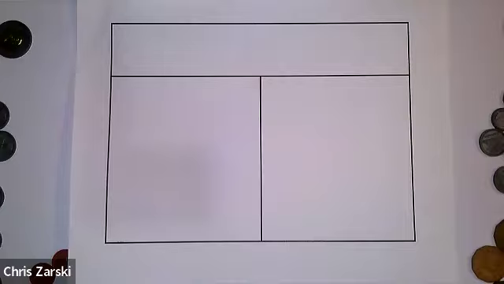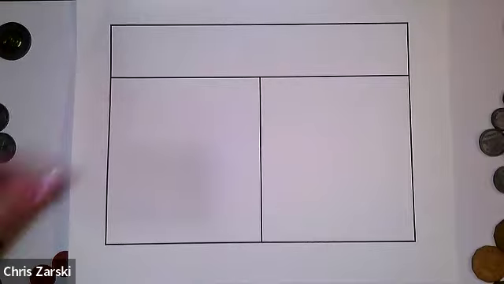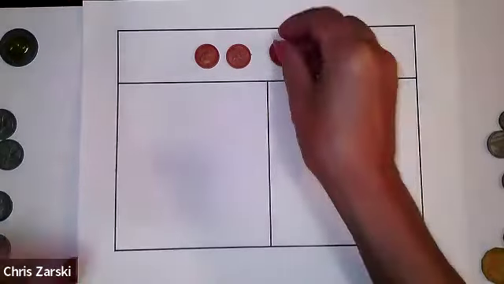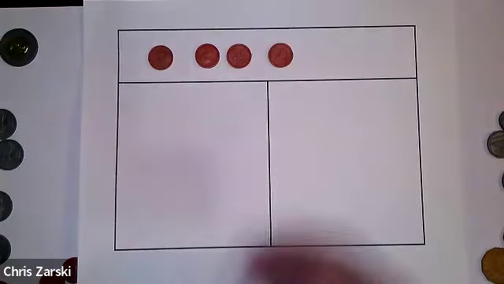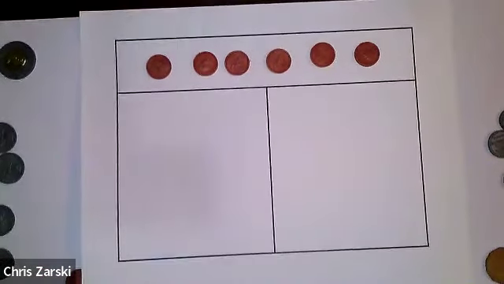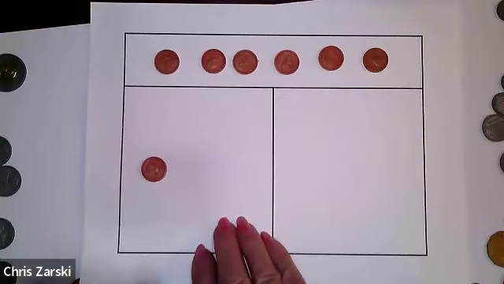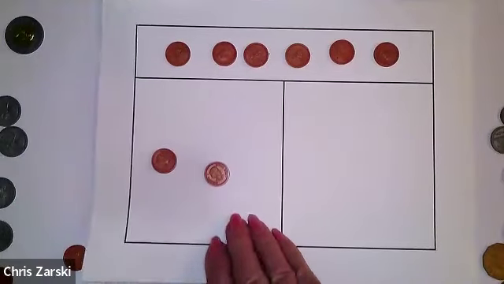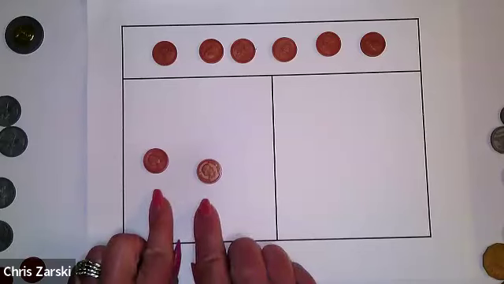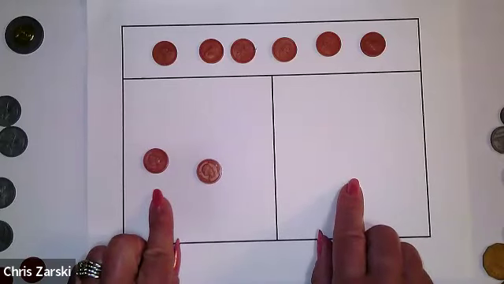But I could start off with something like, I have this many pieces of 1 cent, sorry, I have this many pennies in my whole, and one part was here. So my base is moving here. There we are. So one is here. What's the other part that I'm missing?